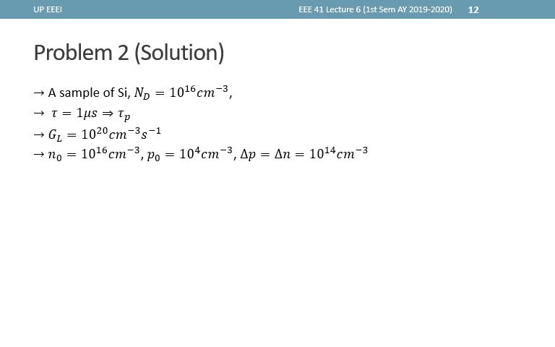Okay, so we summarize here the new information we obtained so far, and that is delta N and delta P to be equal to 10 to the 14. So the next question is, what is P and N at steady state? So note that these values delta N and delta P were computed to be the values at steady state.